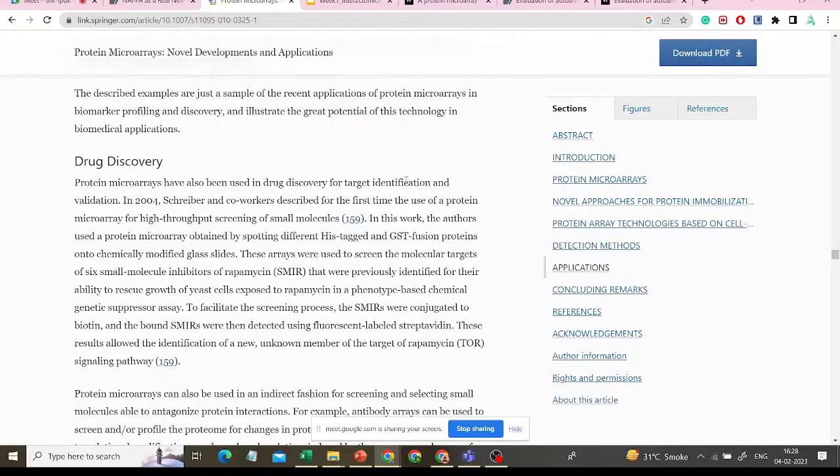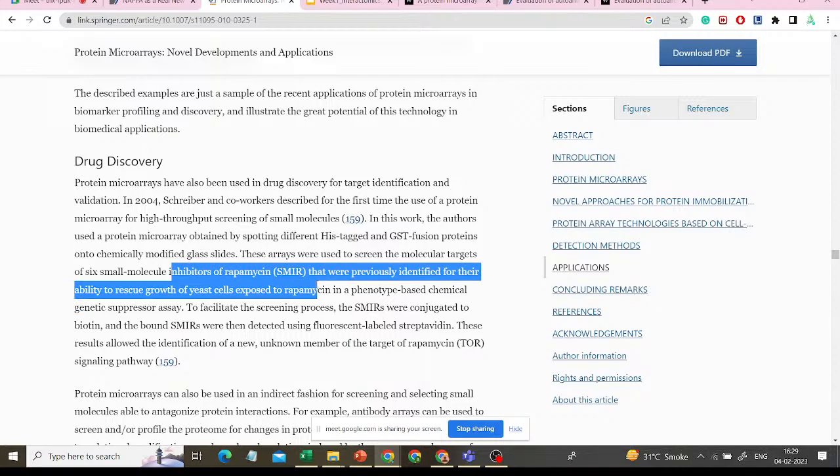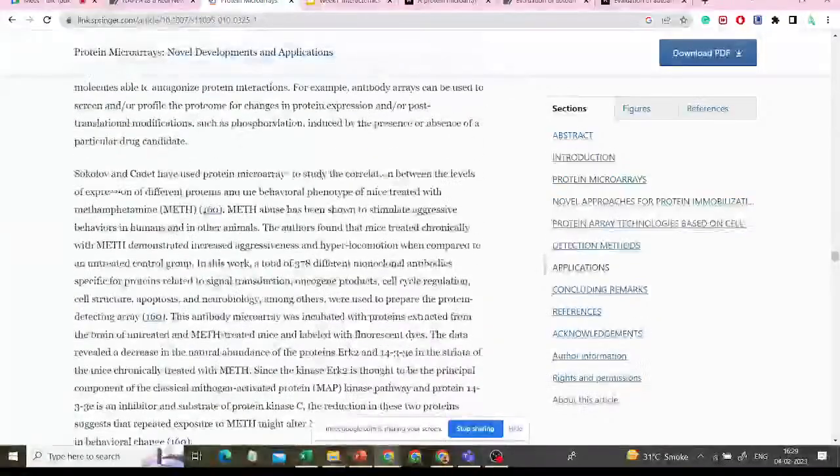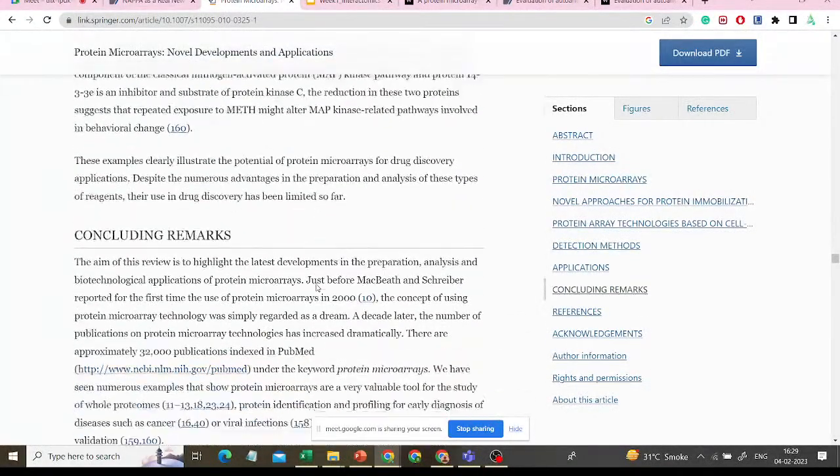And then comes another important application, which is drug discovery. It helps you identify that if you screen small molecules on your protein array chip, you can identify inhibitors on the basis of the interactions.